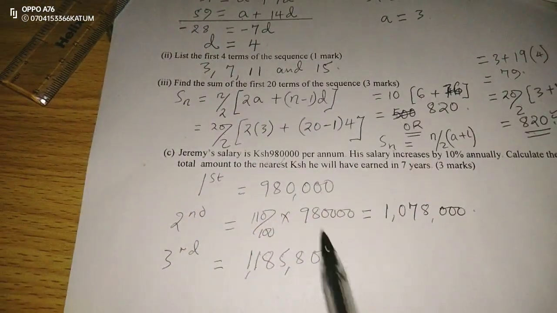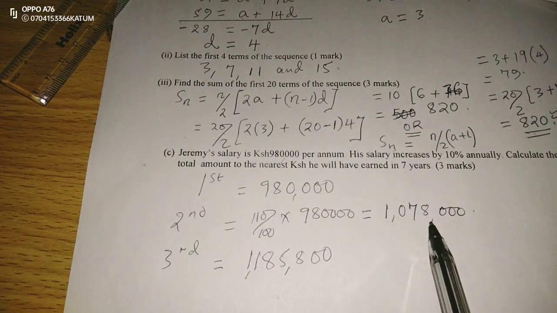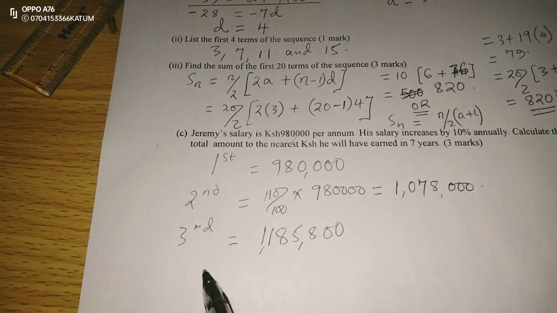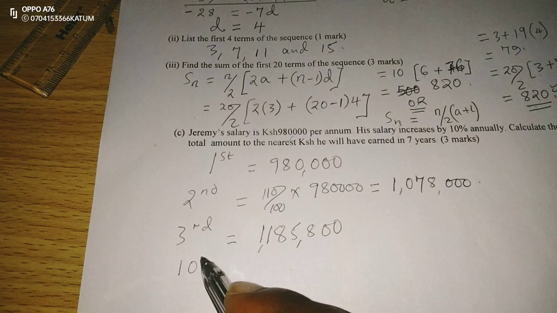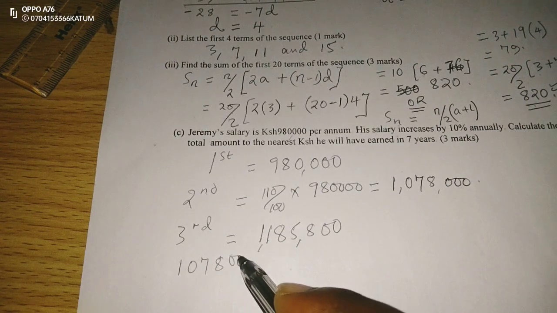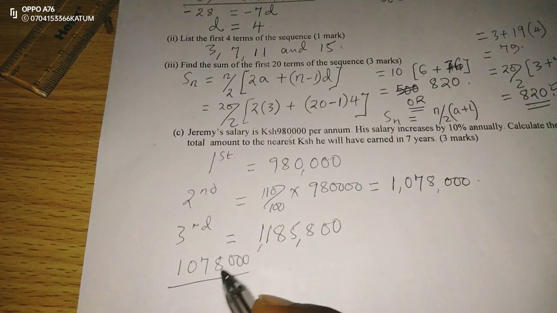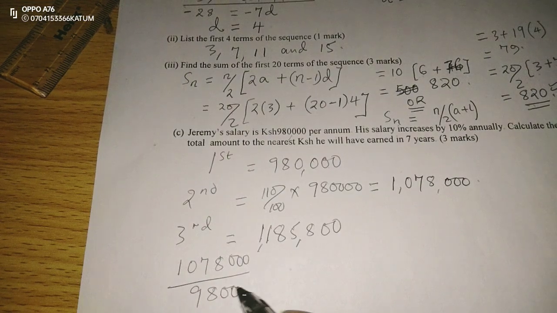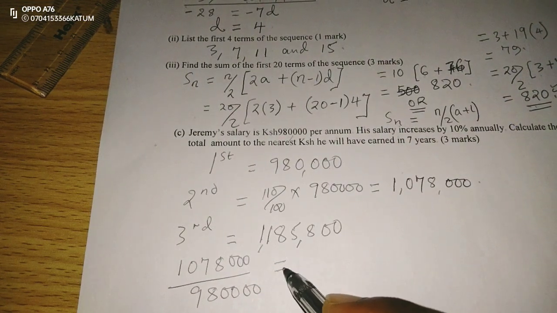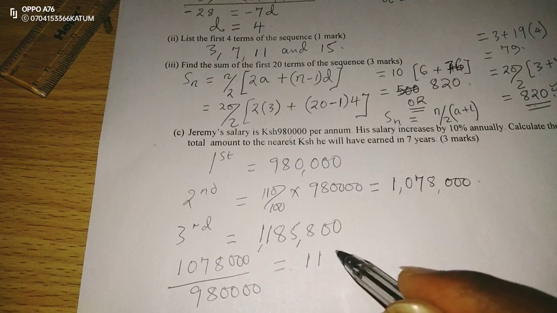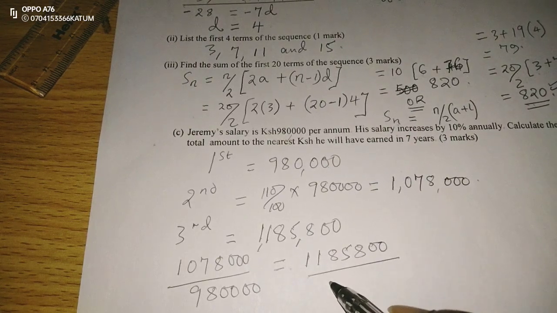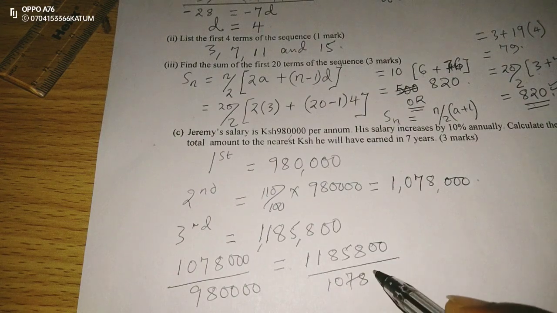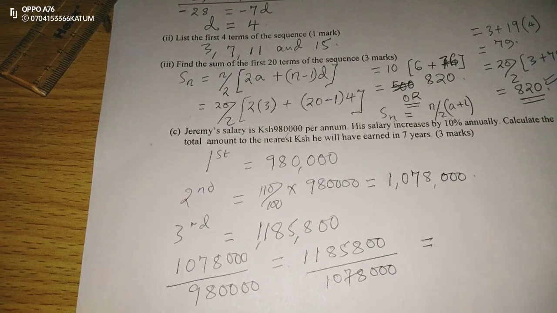So now we have the first earning, the second, and the third. We can confirm whether there is a common ratio. When we take the third and divide with the second, is it the same as when we take the second and divide with the first?